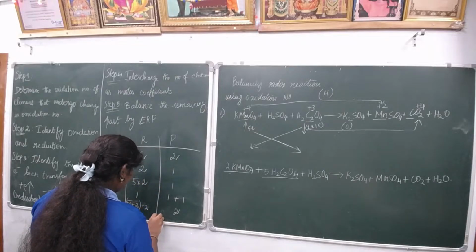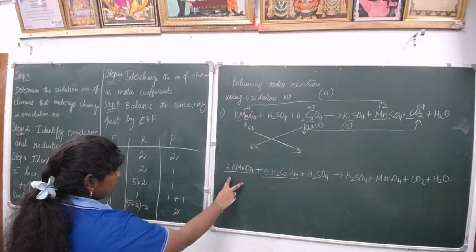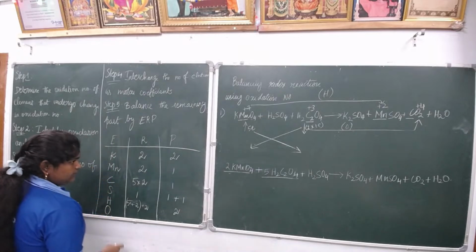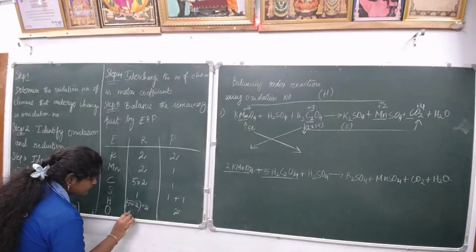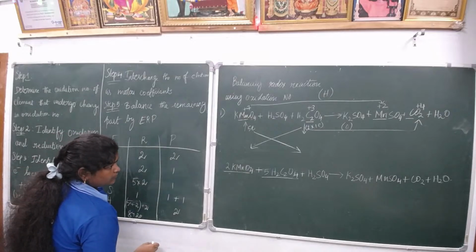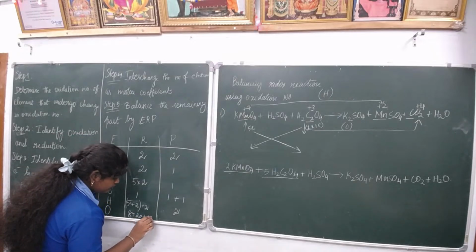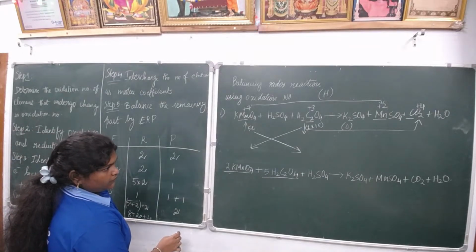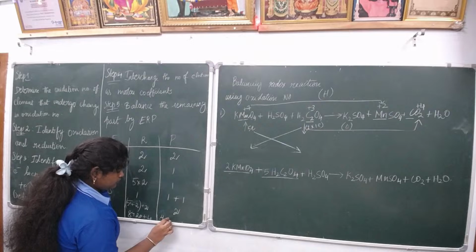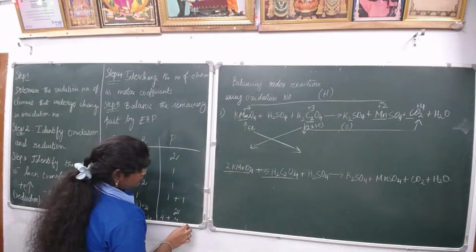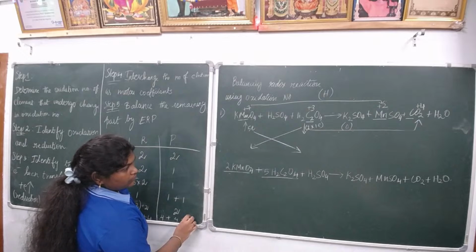And finally, oxygen. How many oxygen? 2 into 4 plus 5 into 4 plus 4. That's all. On the right side, you have 4 in K2SO4, plus leave some space, 4 in MnSO4, and then carbon dioxide 2 plus water 1.